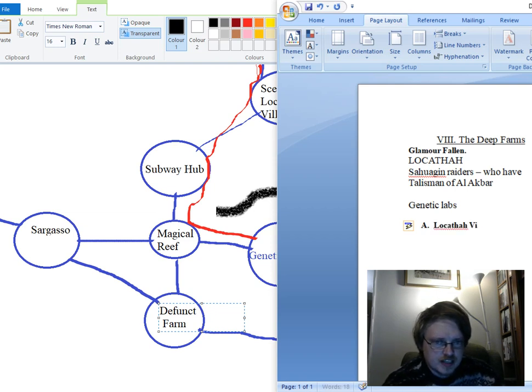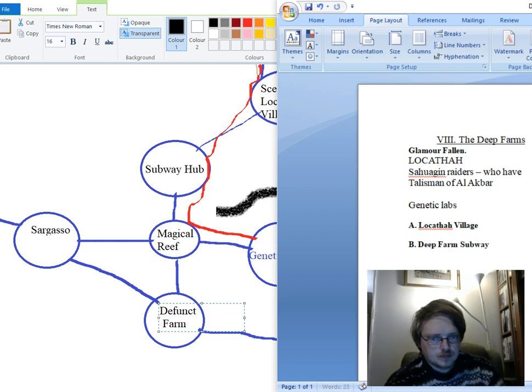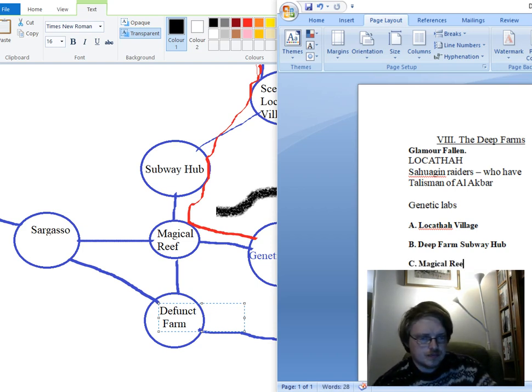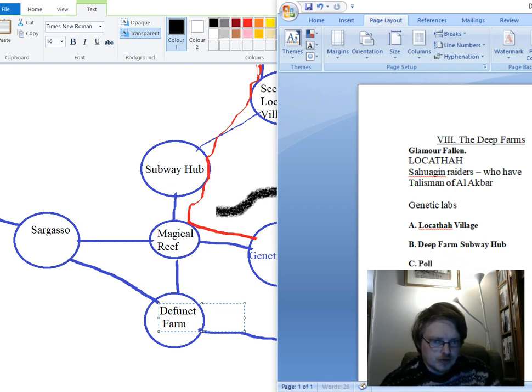So, Locathah village is A. And deep farm subway hub is B. Magical reef, or polluted reef, we call it, is C.